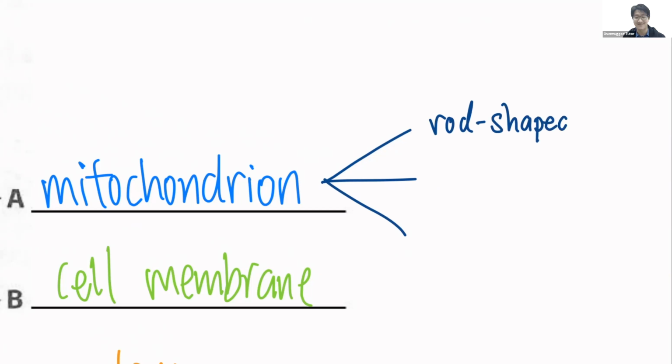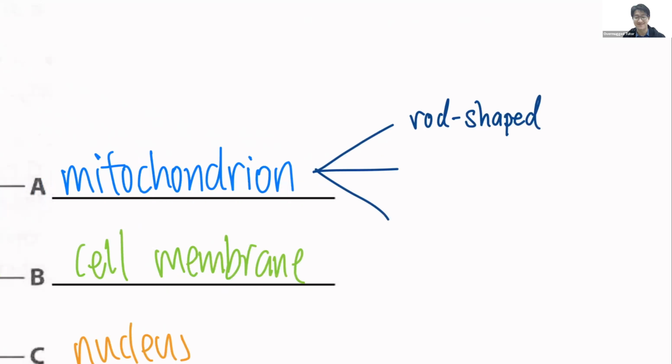Sausage rod, kind of. If they ask you to describe the shape of mitochondria and you say sausage, the teacher will think you are hungry. So let's use simpler shapes: circle, triangle, rectangle, rod, even cylinder. Or you can say oval, rod or oval shape. That's one down. Two more.